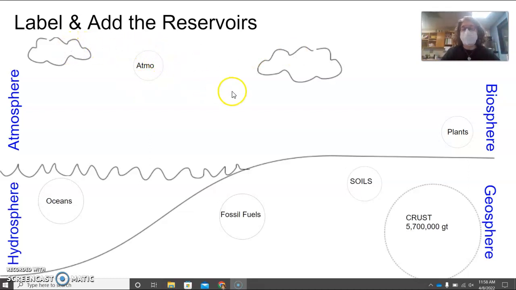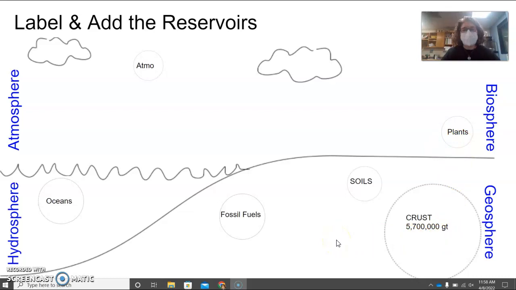My recommendation, in terms of other things you're going to add to your model later, is to place that atmosphere reservoir somewhere between the 2 clouds. The ocean reservoir is going to go in your ocean. Fossil fuels go underneath the surface on the land that we're showing here, soils near the top of that landform, plants growing on top of the surface, those are going to be terrestrial plants, and then the crust.